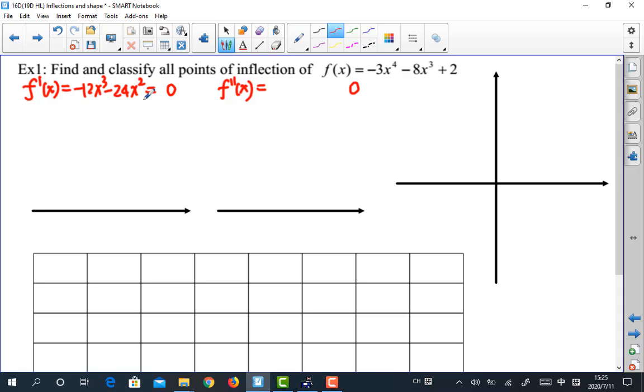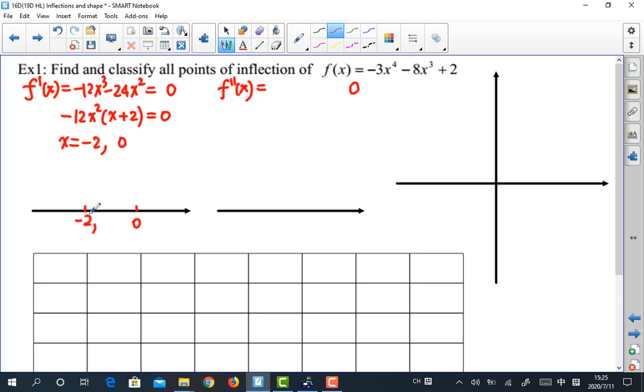If we want to solve this equation, factoring is the best way. So it should be negative 12x squared times bracket x plus 2 equals 0. 2 roots, x equals negative 2 and 0.